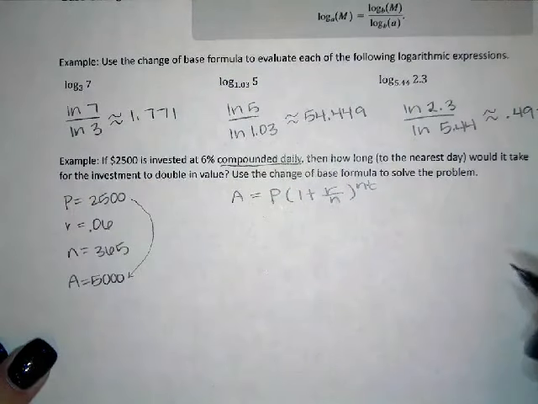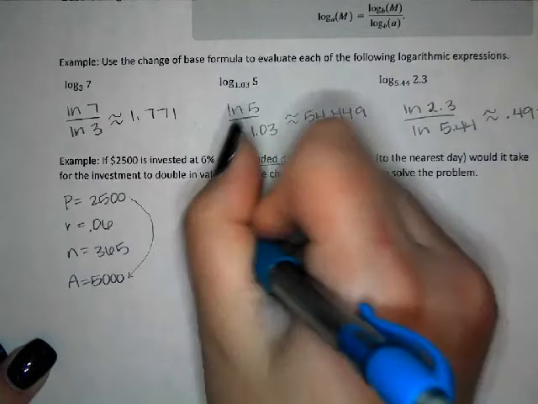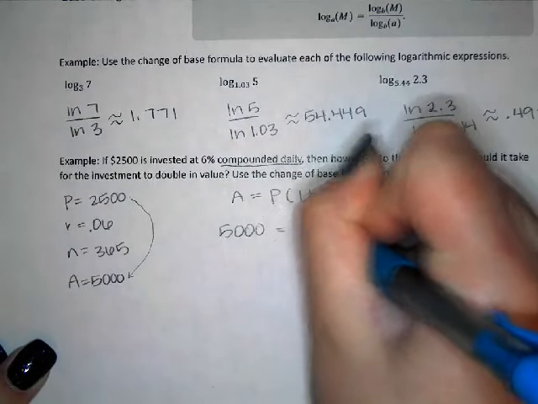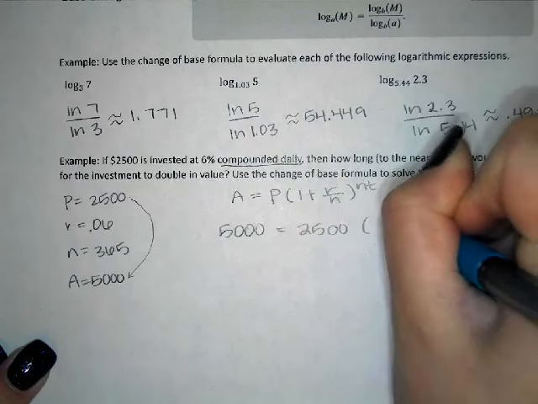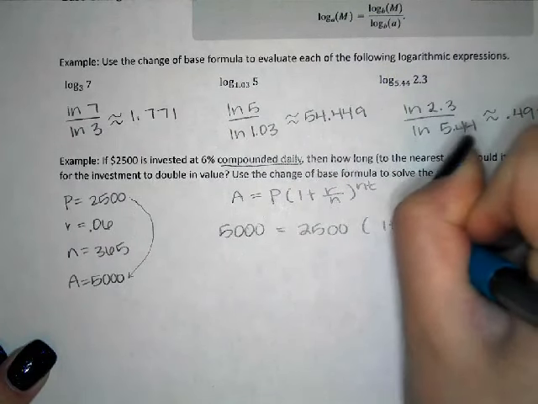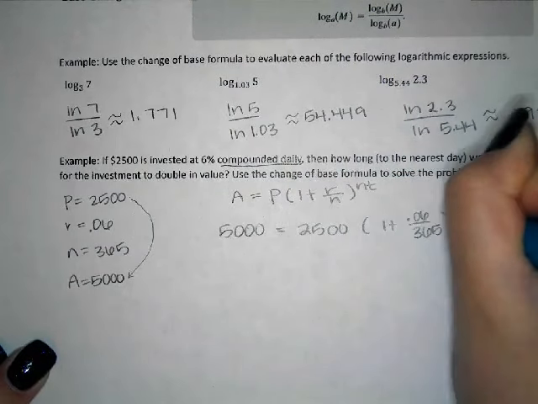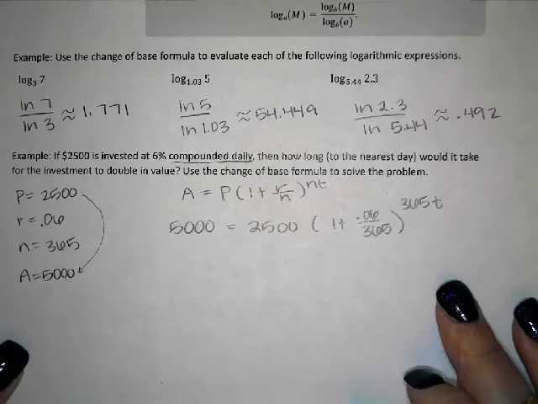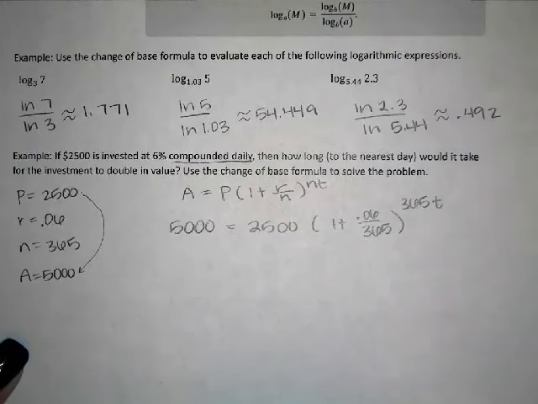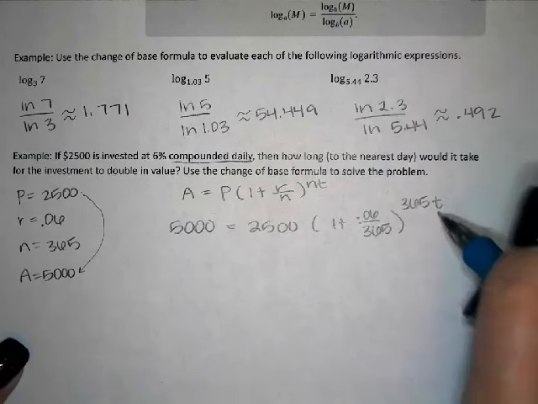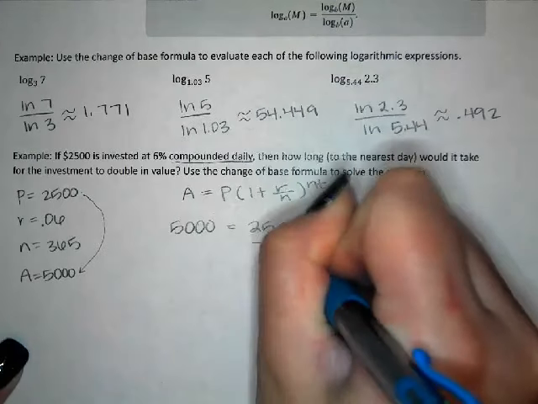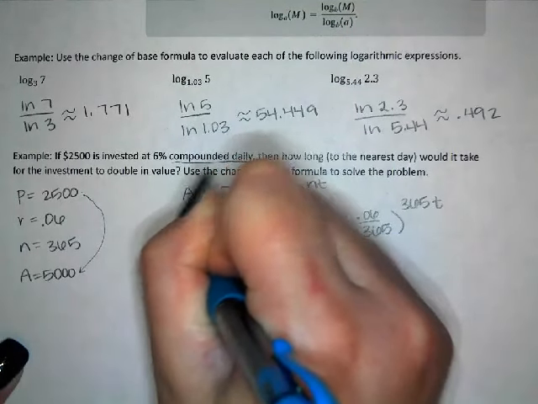So we're going to say 5,000 equals 2,500 times 1 plus 0.06 over 365, to the 365t. Okay, so I'm going to get as close as I can to having the t be alone. The first thing I'm going to do is divide by the 2,500. And since this was doubling the account, when I divide those, I get 2.